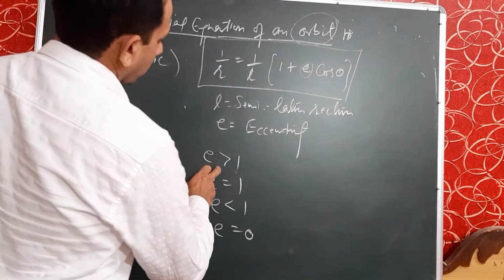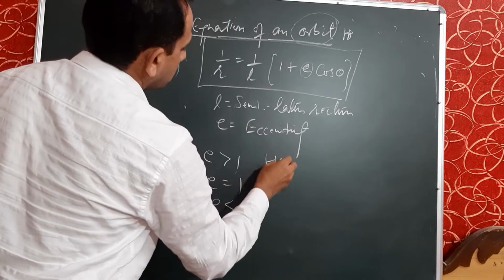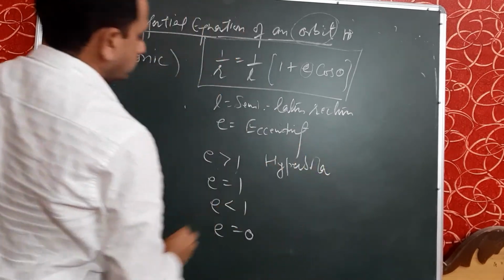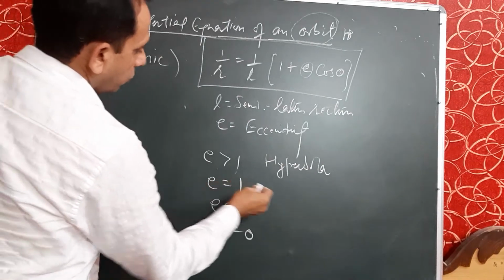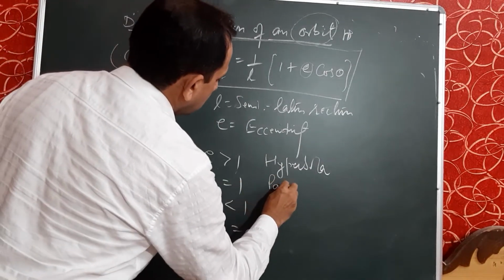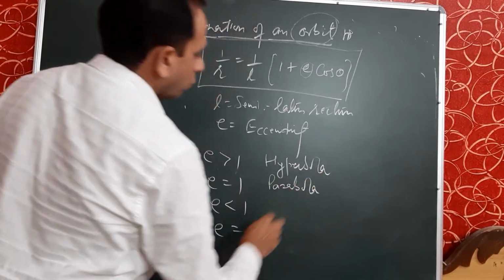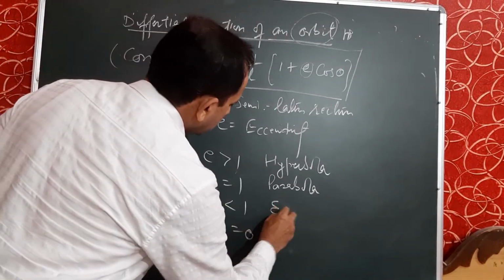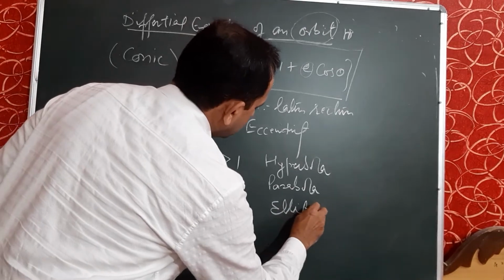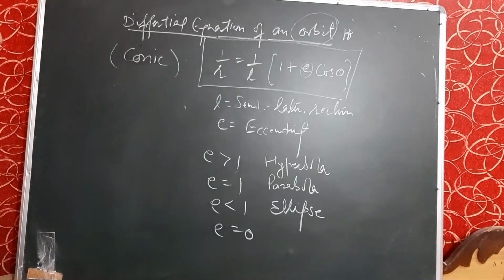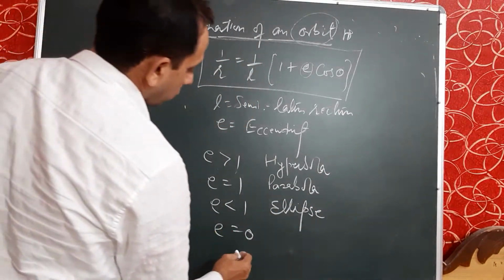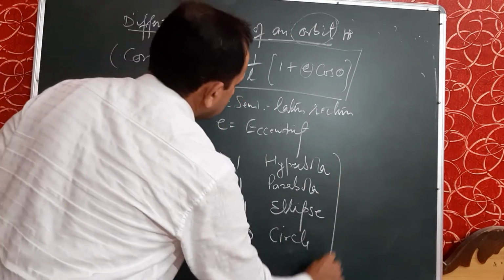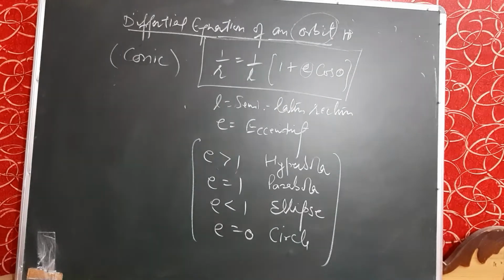If E is greater than 1, then this equation is known as the equation of a hyperbola, and when E is equal to 1, then it is the equation of a parabola, and E less than 1 is the equation of an ellipse, and when E is equal to 0, then this equation is known as the equation of a circle.